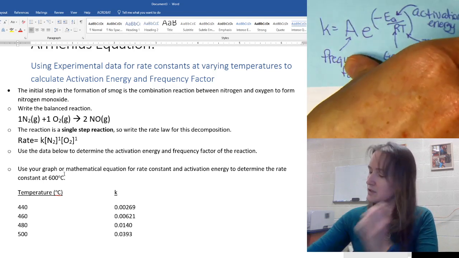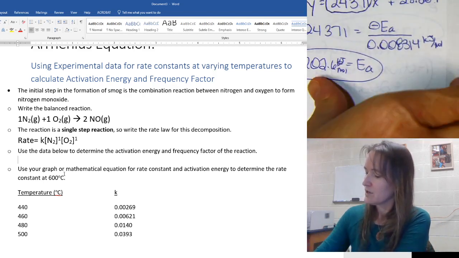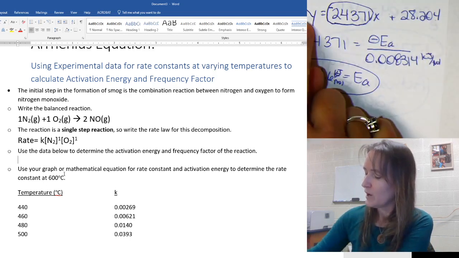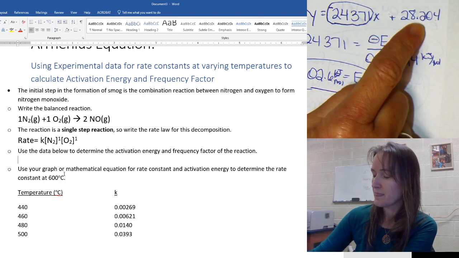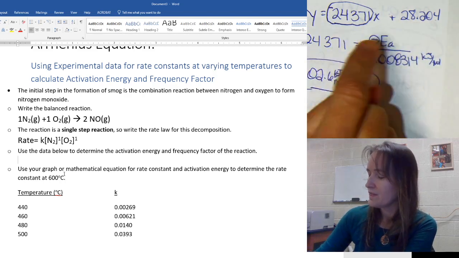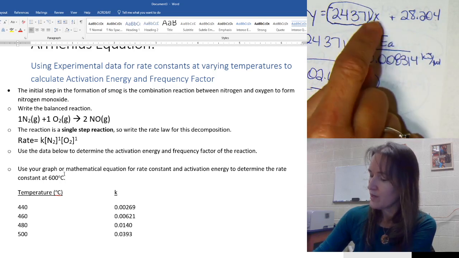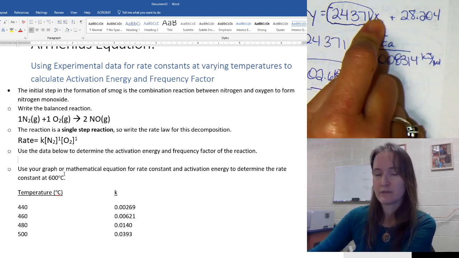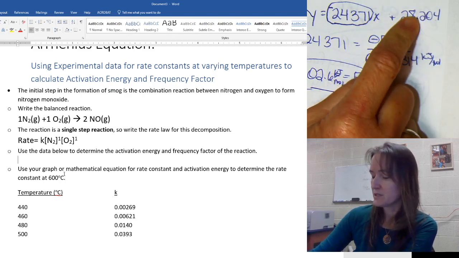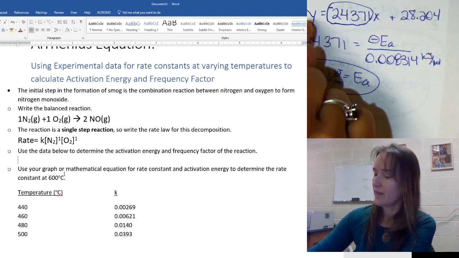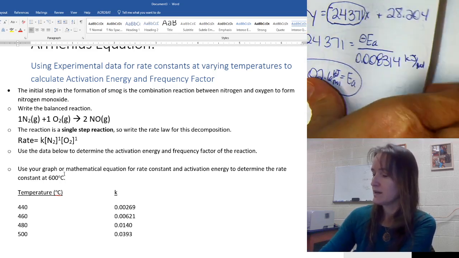So if we take our y equals mx plus b, then we know what the slope is. The x is the inverse of the temperature in Kelvin. This is our y-intercept. And then y would be the natural log of k.